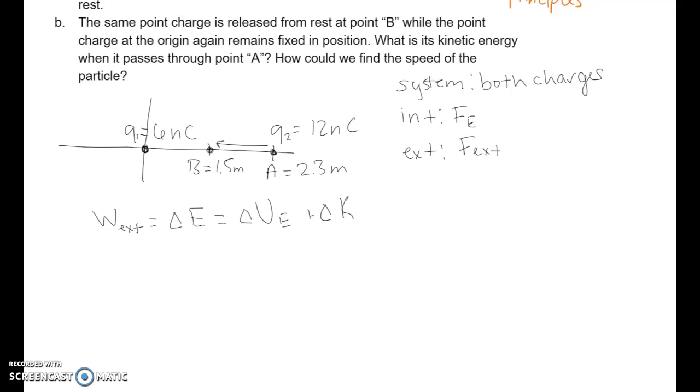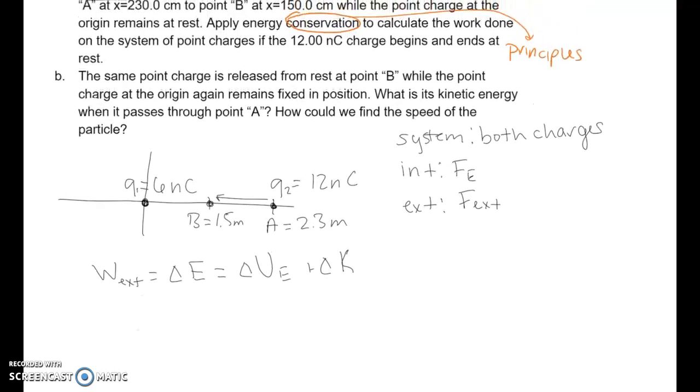So looking here, let me actually scroll up a little bit. We see here that the problem tells us that this charge that's moving begins and ends at rest. That's very useful. That means our kinetic energy starts at 0, ends at 0, making it overall 0. Alright.